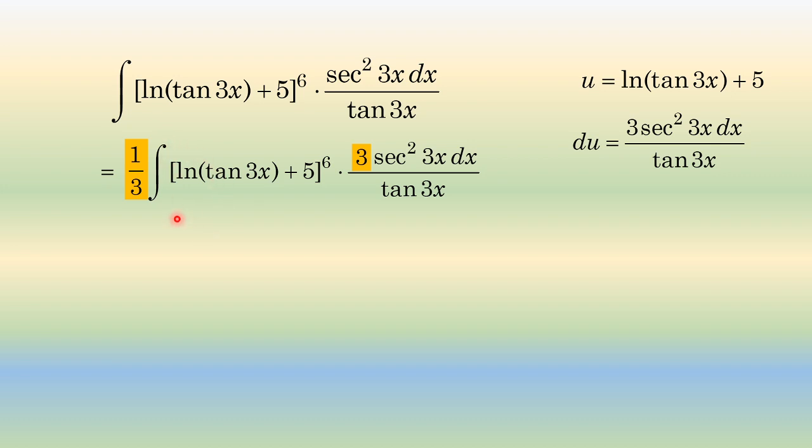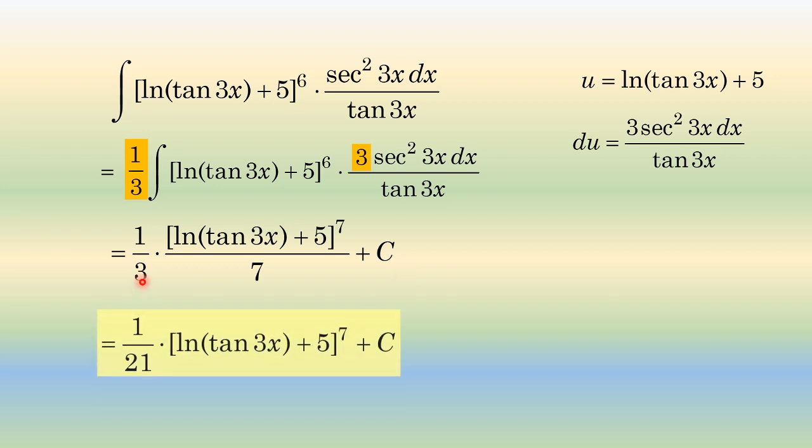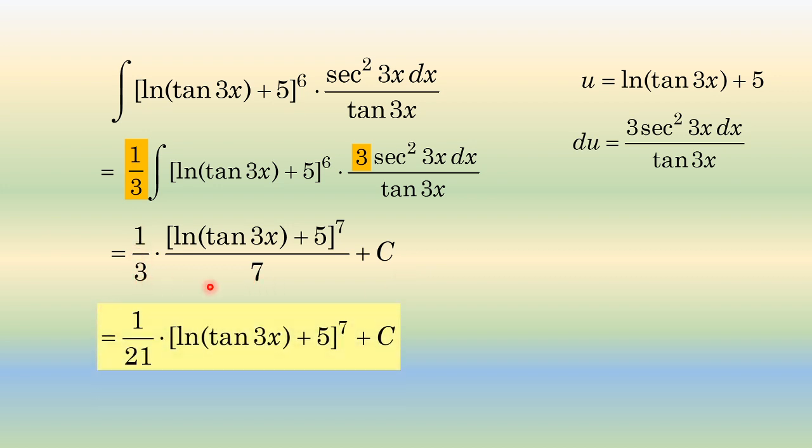So this now reads as the integral of u to the n du. The integral of that is u to the n plus 1, so 6 plus 1 is 7, all over 7, and times 1/3 plus c. Let's simplify, getting 1 over 21 times ln of tangent 3x plus 5 quantity to the 7 plus c.